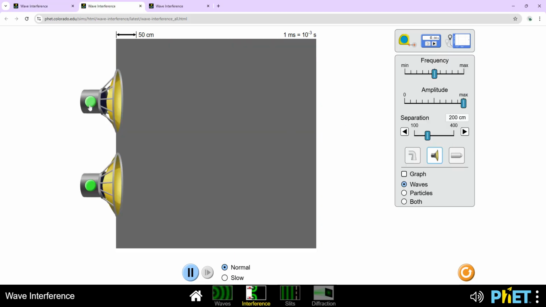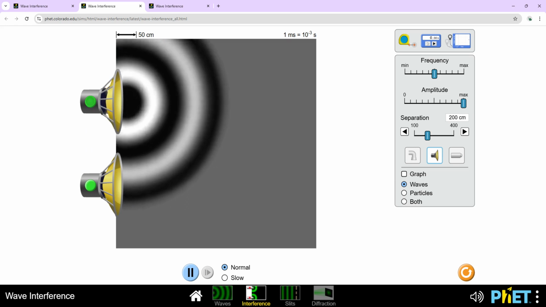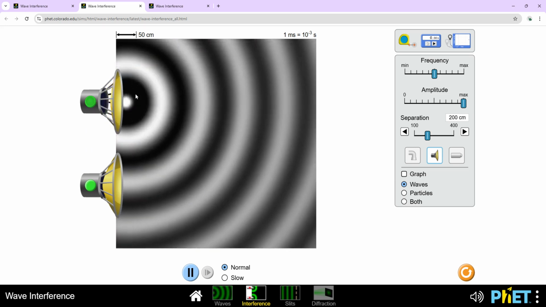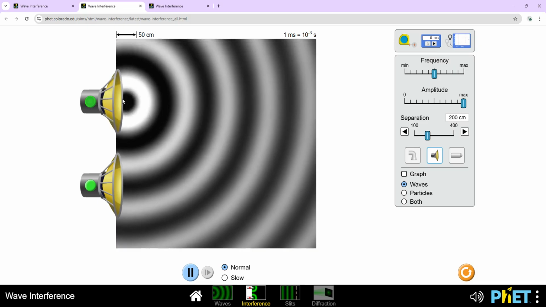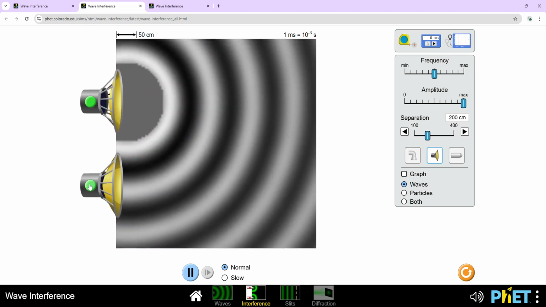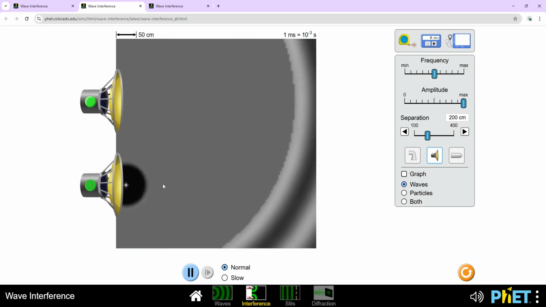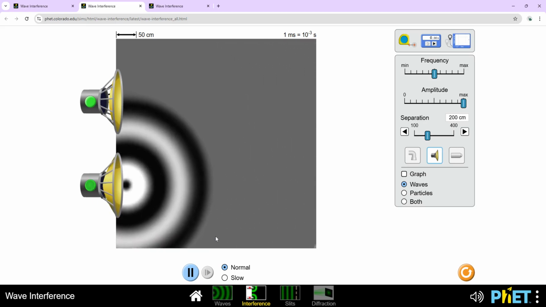Okay, here we have two sources of waves. We are back to sound, and if we have a look at these wave sources, they each give out a circular wavefront. So we've got this one up here, and we've got the one at the bottom which also gives out circular wavefronts.